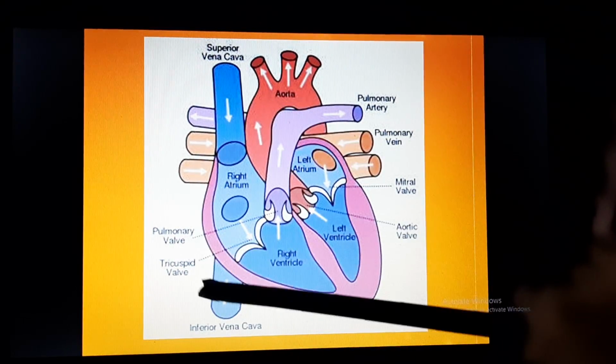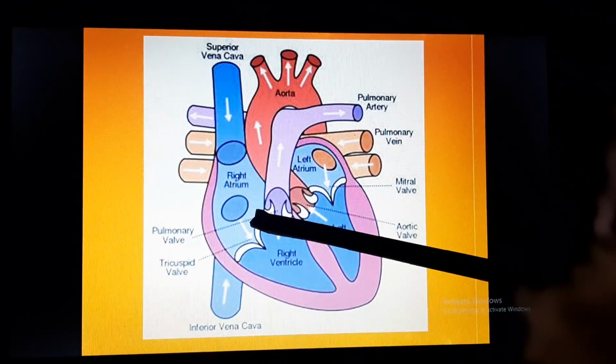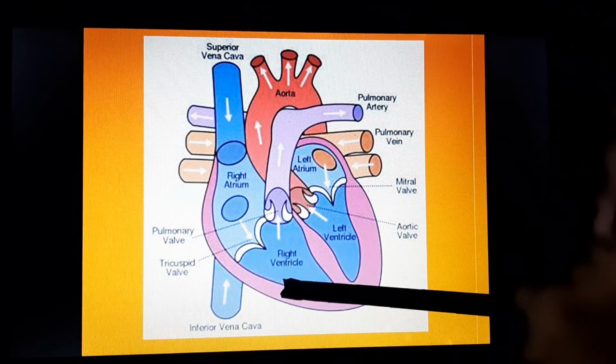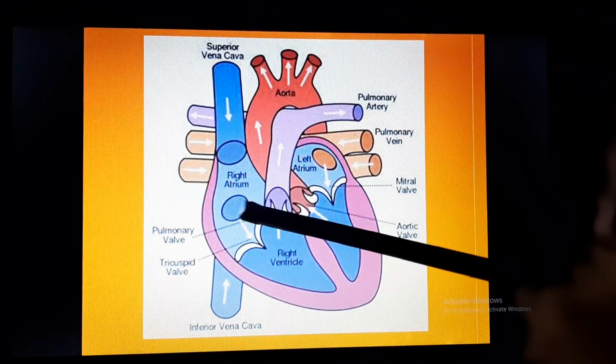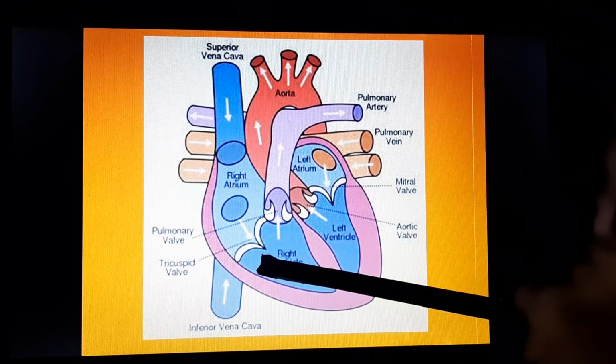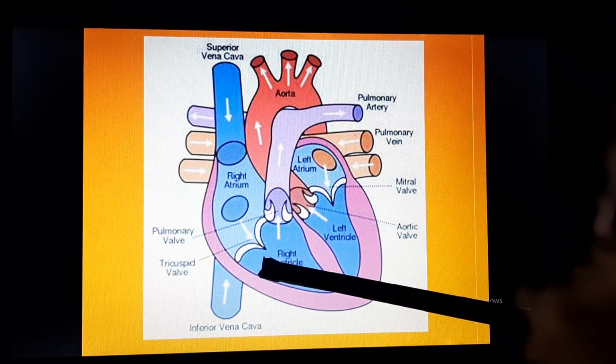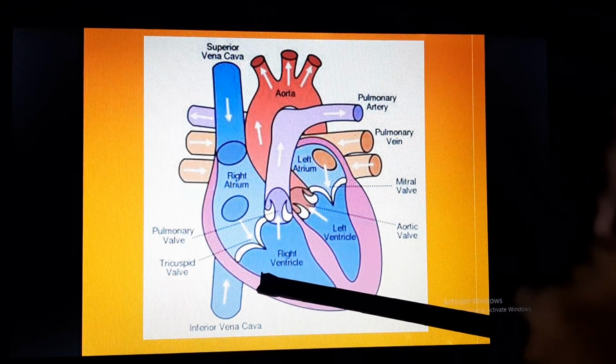Now this deoxygenated blood is poured into right atrium, from where it goes to right ventricle. Now this blood is deoxygenated, so it should go to lungs for purification, so that deoxygenated blood is changed into oxygenated blood.